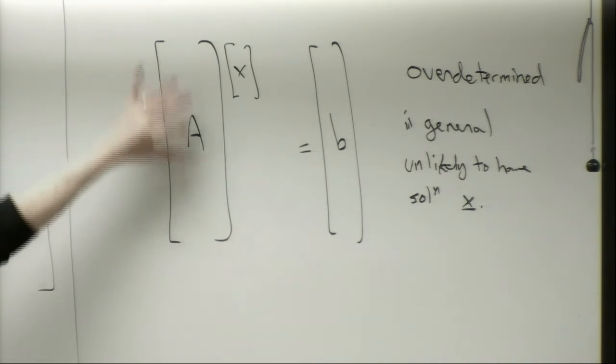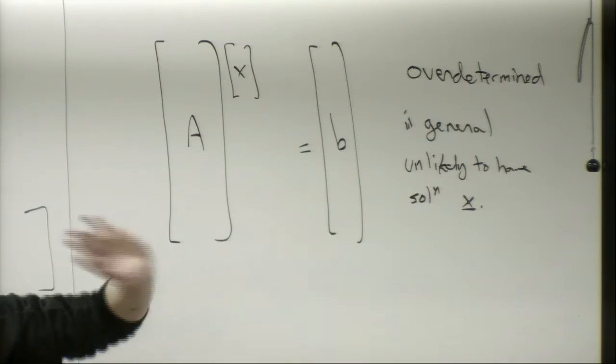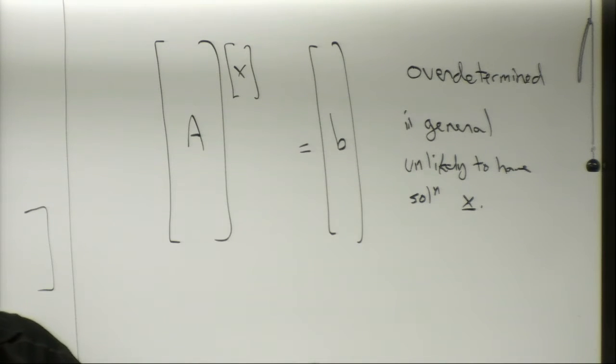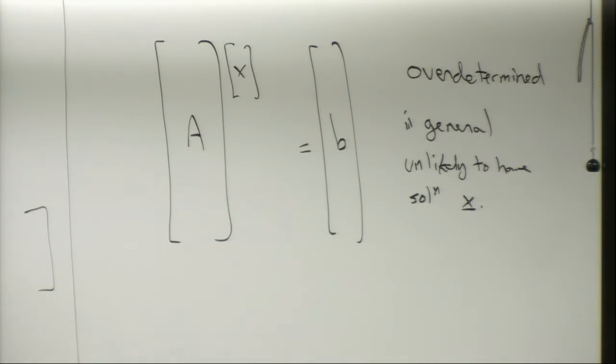Or if I had combinations of earlier rows down here and combinations of earlier Bs down here, that would also be fine. And then maybe my multiple rows of A aren't fighting with each other, and I'll have a unique solution. That's possible. But if I just randomly sample a big A matrix, if I just fill it with rands, and I fill B with rands, there's basically no chance I'll ever find a unique solution X. Okay? Okay, so this is case 1.